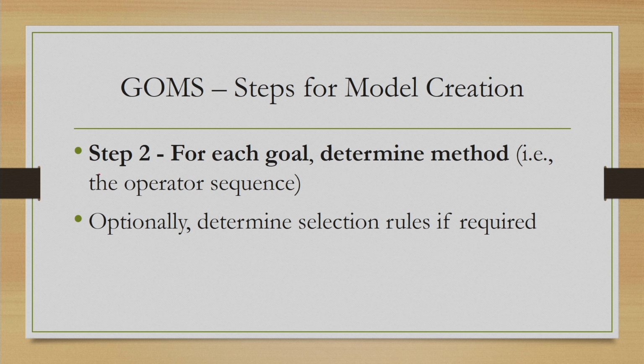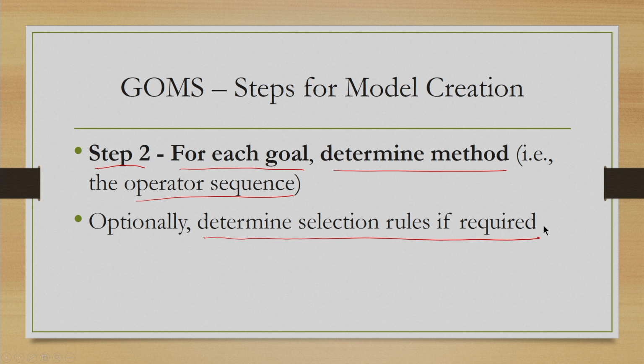In step 2 we have to create the method. So, for each goal determine the method or the operator sequence, and if for one goal there are more than one methods, then optionally you may have to determine the selection rules.